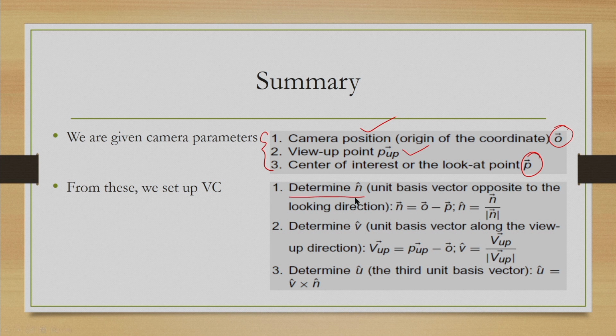First we determine the unit basis vector n cap using simple vector algebra. Then we determine V cap, again using simple vector algebra, and finally we determine u as a cross product of the earlier two vectors that we have defined in the first two steps. And following these stages we get the three basis vectors which define our viewing coordinate system.